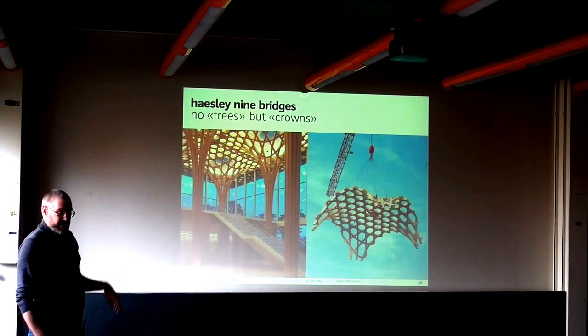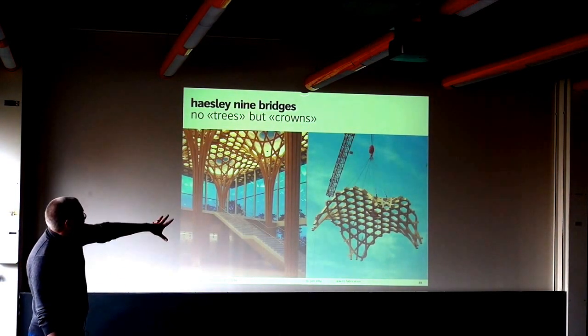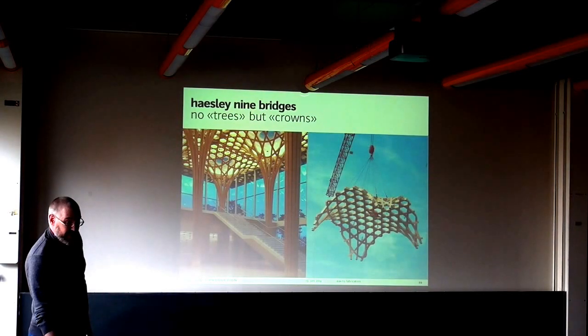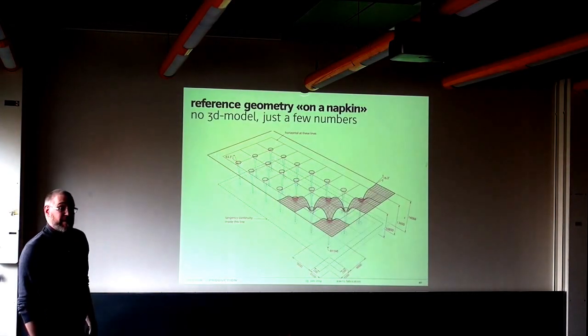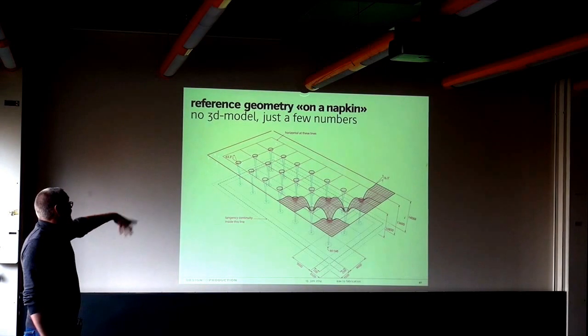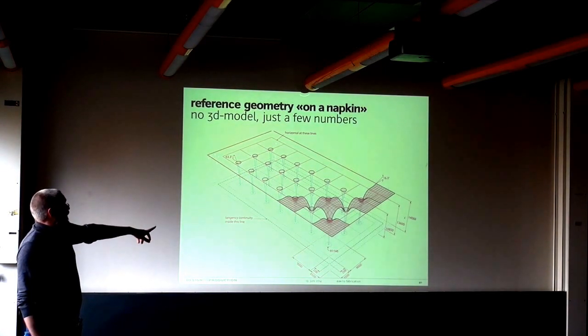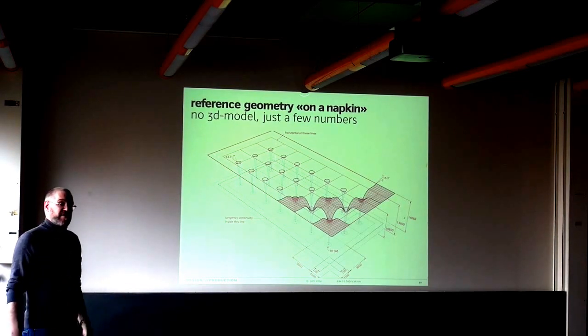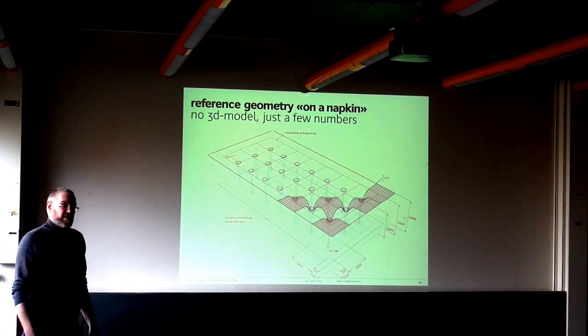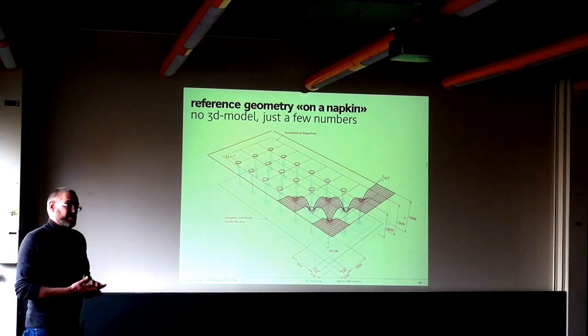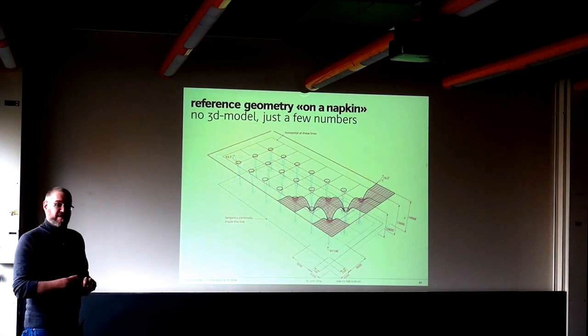This golf club in South Korea that I already mentioned also has prefabricated elements on site, where we had no 3D model in the beginning, but basically a napkin sketch that would tell us, okay, there's a regular grid of 9 by 9 meters. You have to be horizontal along this line. You have to be at a certain angle at this line. And then from there on to set up a proper design geometry is much easier than to take a point cloud with 2,000 points and re-engineer things.